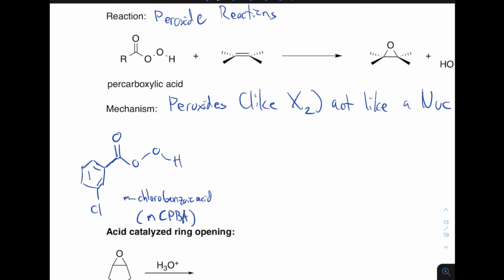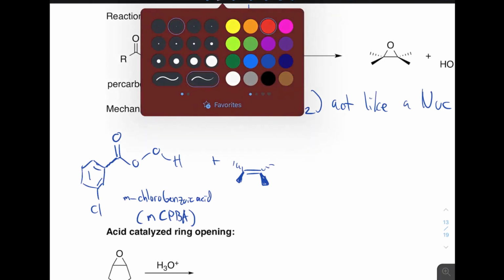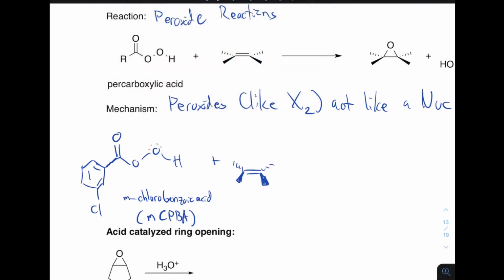Okay, it's a very, very common peroxide. So what ends up happening is when we react it with an alkene, the following happens, where, again, the peroxide will act as a nucleophile and an electrophile.